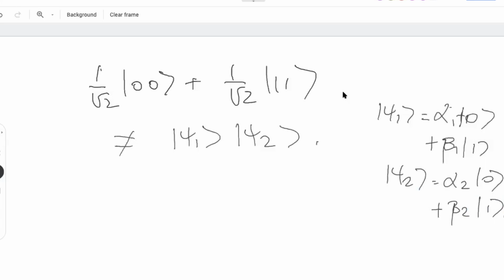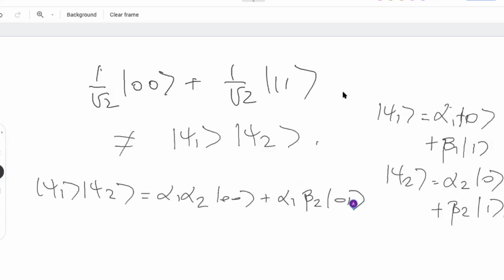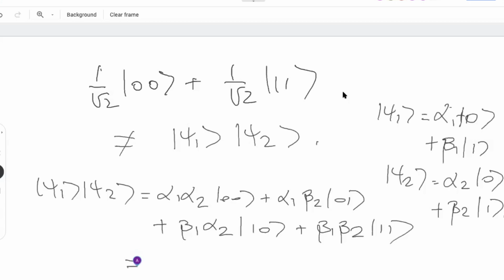Now what we want is psi1, psi2 to be equal to the state that we have above, which means that we would like alpha 1, alpha 2, 00 plus alpha 1, beta 2, 01 plus beta 1, alpha 2, 10 plus beta 1, beta 2, 11. We would like this quantity here to be equal to this.